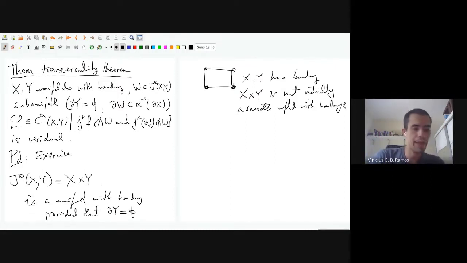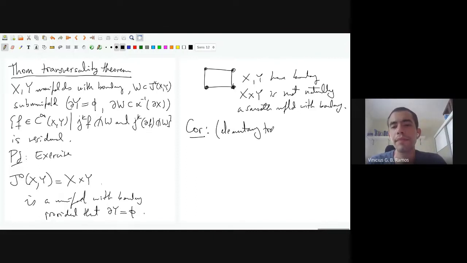All right. And a corollary of this is what happens for zero jets, which is often what we want to use the Thom transversality theorem for. So this is the elementary transversality theorem. It says the following.